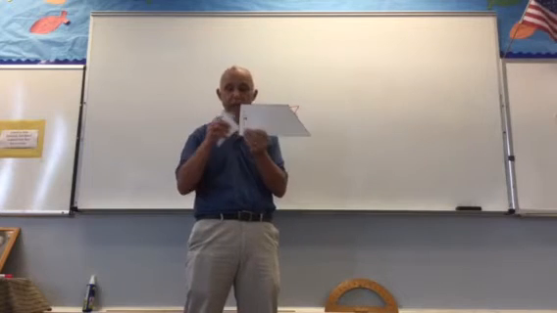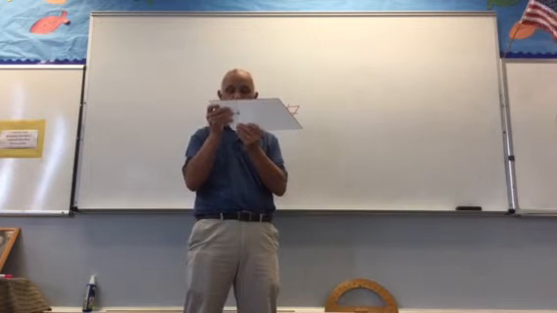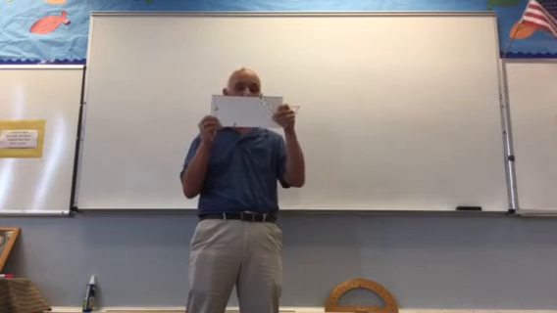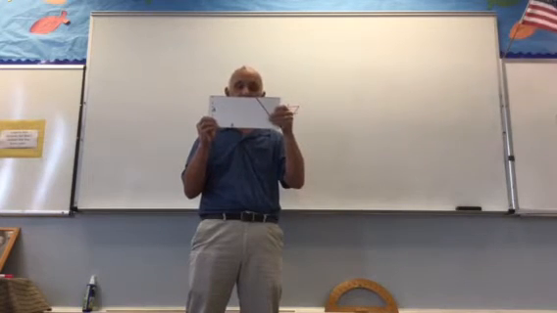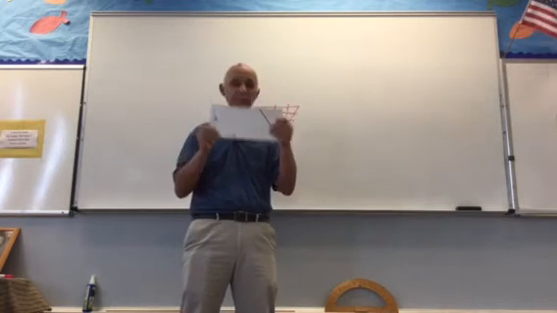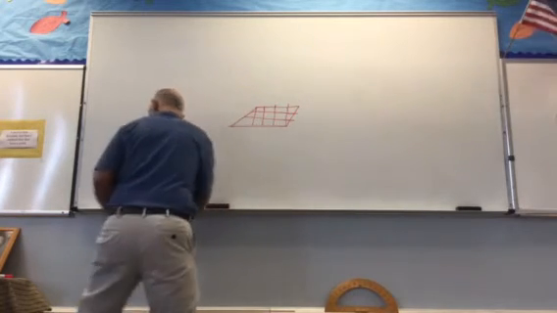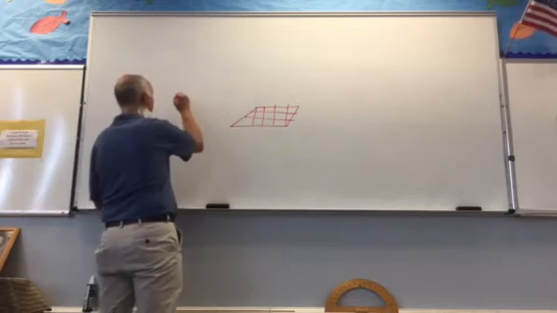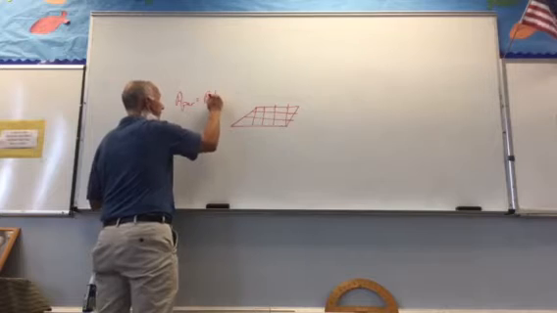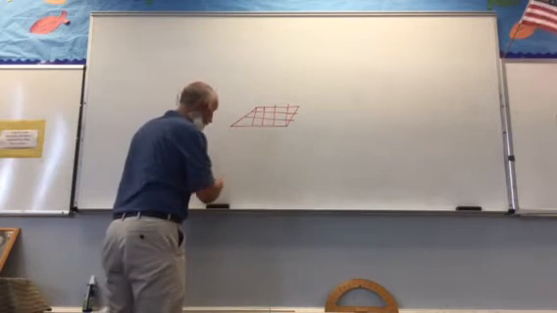Because you can take your parallelogram and convert it into a rectangle, the same exact area, by cutting the one part off and moving it. So again, the area of a parallelogram is equal to base times height.